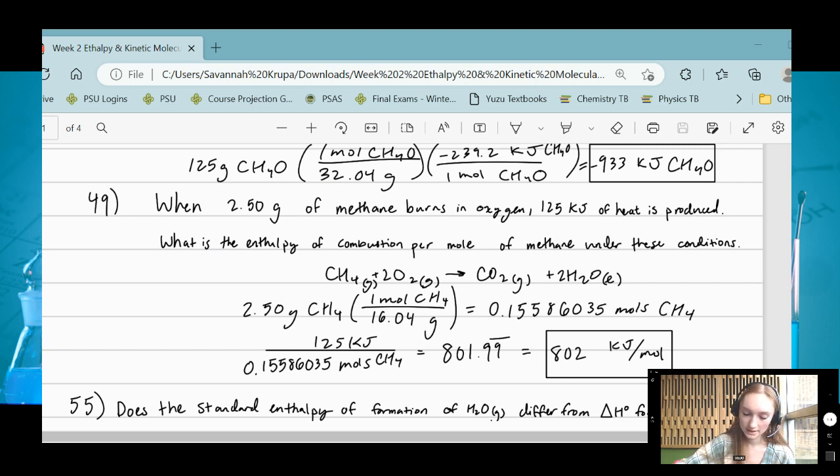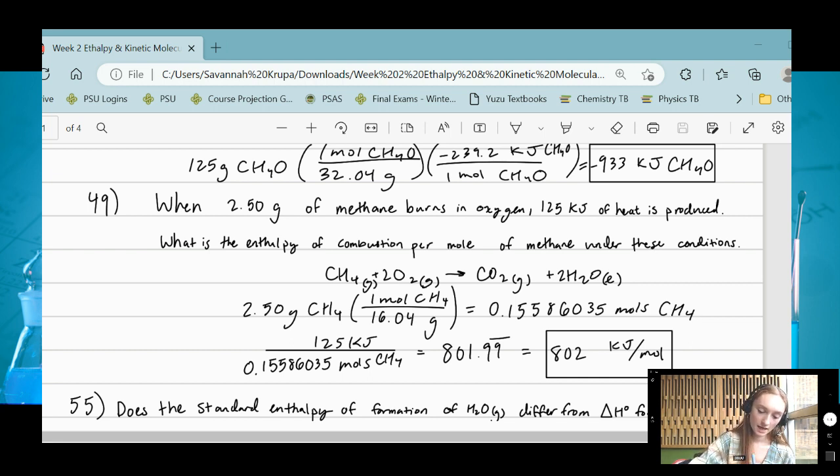And so to balance this, we have too many hydrogens on the left, so we need to put a 2 in front of this water. So that is balanced. So now we have 4 hydrogens on all sides, and we have 4 oxygen on the right, but we only have 2 on the left. So all we need to do is put a 2 in front of the oxygen gas on the left, and that is all balanced. So let's move on to getting started.